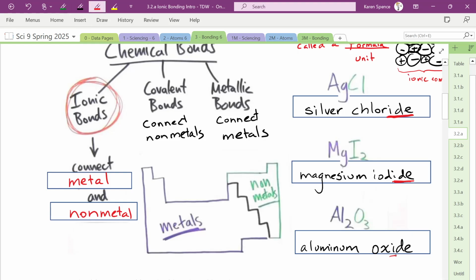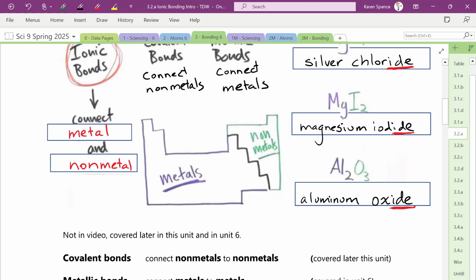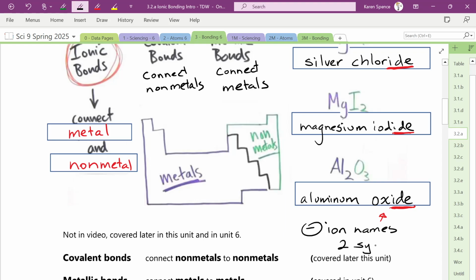One thing that we're going to learn about is that like 99% of negative ion names have 2 syllables. What do I mean when I say 2 syllables? What is a syllable? If I say hippopotamus, that has 5 syllables.